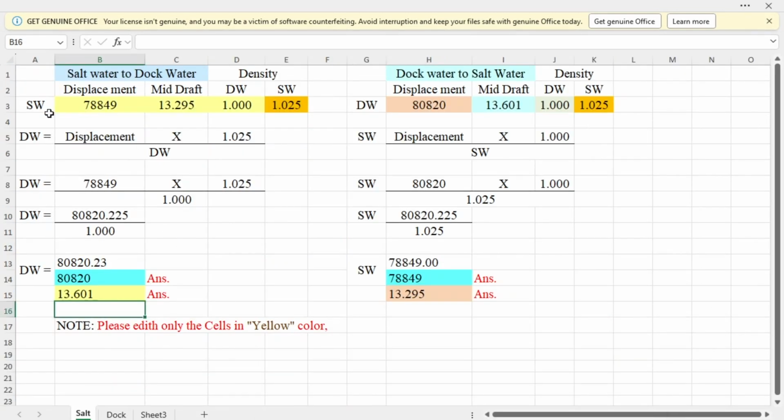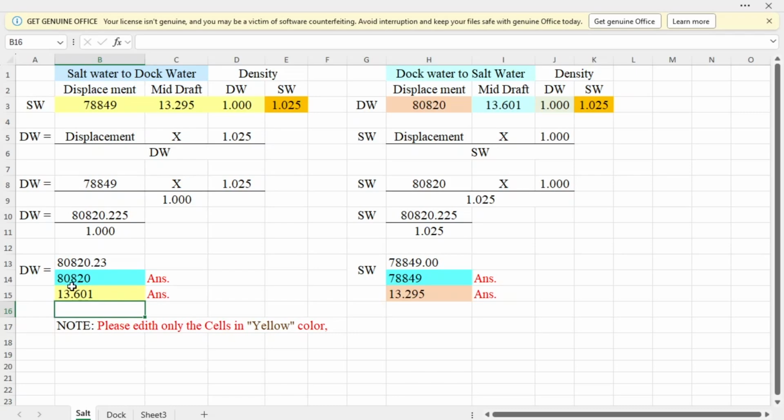See? You have a saltwater displacement of 78849 with a draft of 13.295. What will be the draft when she floats in dock water density of 1.00?